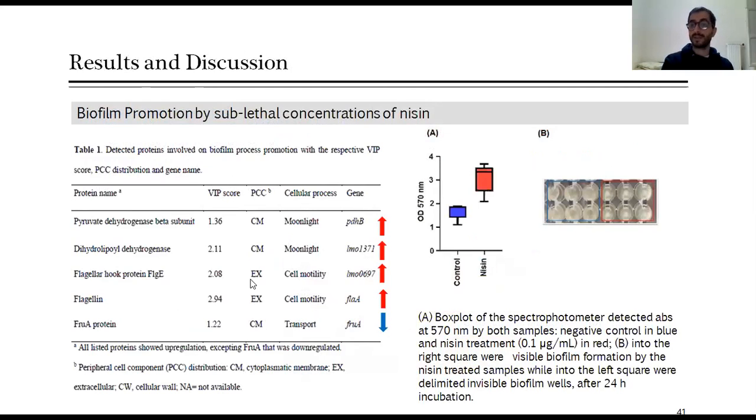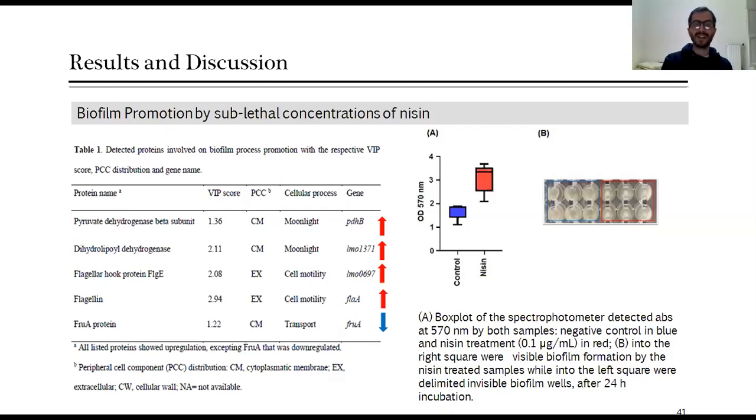First of all, I'm going to present the biofilm promotion by the sublethal concentration of nisin. In this process, a moonlight protein, a cell mobility protein, and a PTS system for fructose uptake are working together.